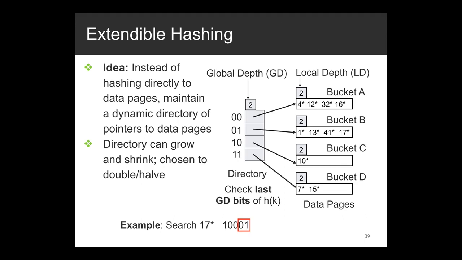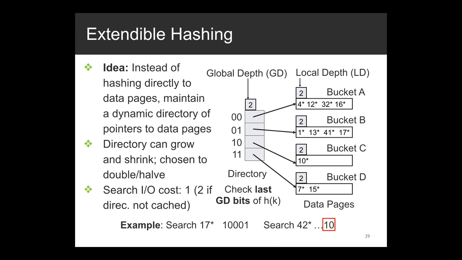The last 2 bits are 0, 1. What about 42? Which bucket does it go to? C. The binary representation, the last 2 bits are going to be 1, 0. Therefore, you go to bucket C. It's not present in bucket C.